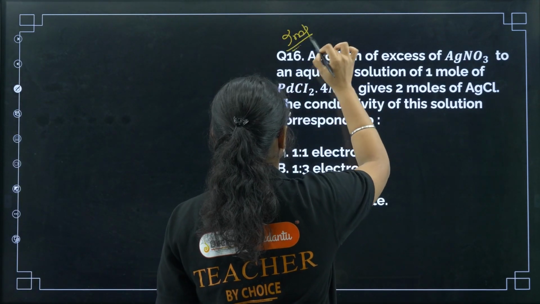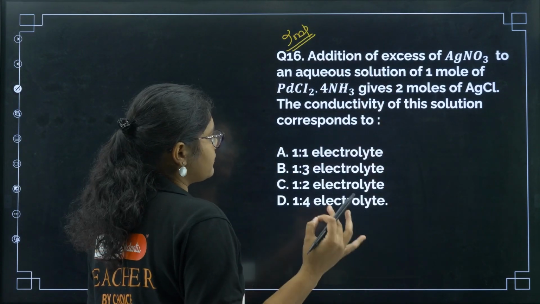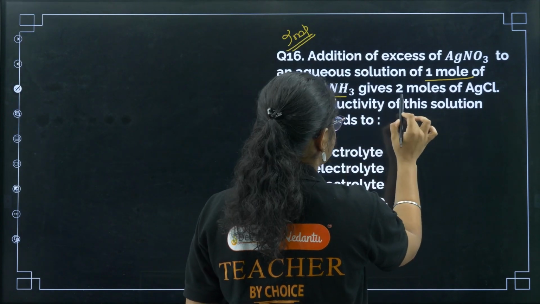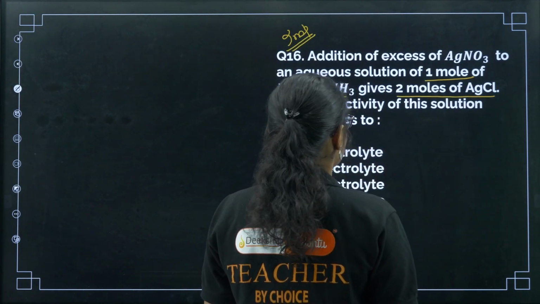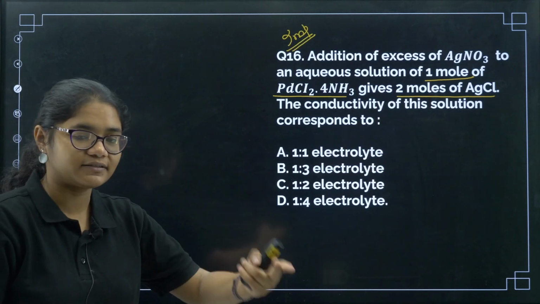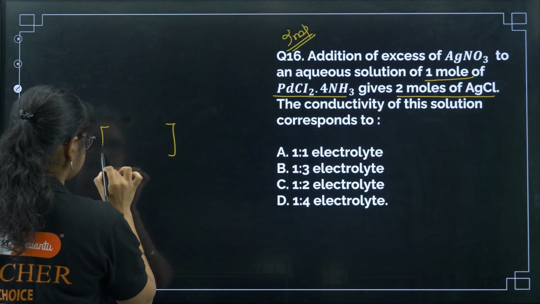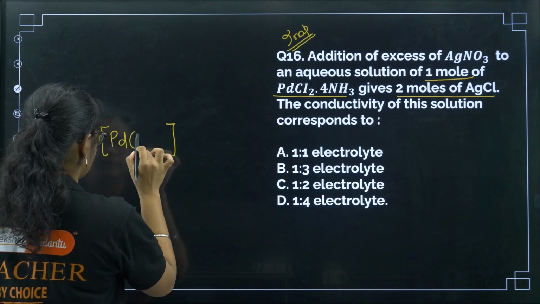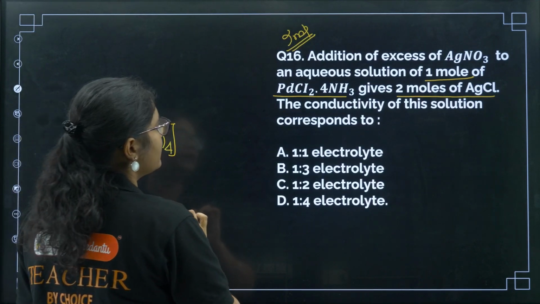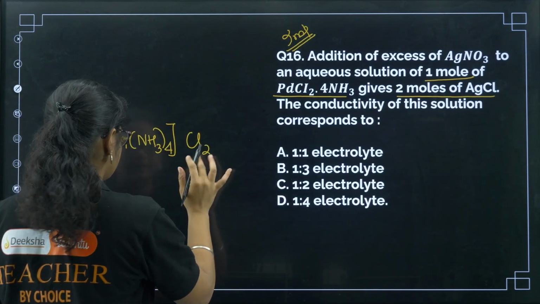Now we have entered the coordination compounds chapter. Addition of AgNO3 to an aqueous solution of 1 mole of PdCl2·4NH3 gives 2 moles of AgCl. If 2 moles of AgCl are produced, that means 2 chlorines will be outside the complex. So the formula will be [Pd(NH3)4]Cl2.